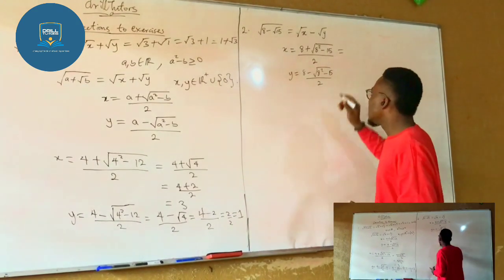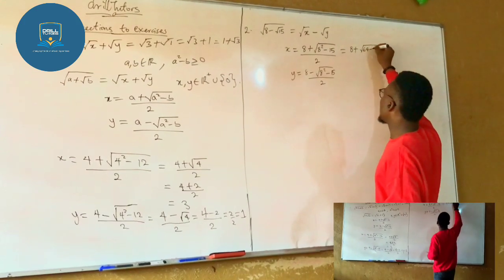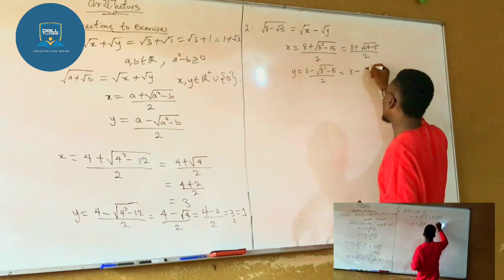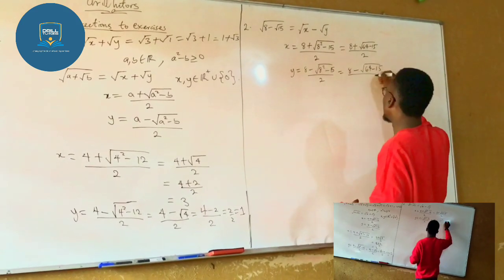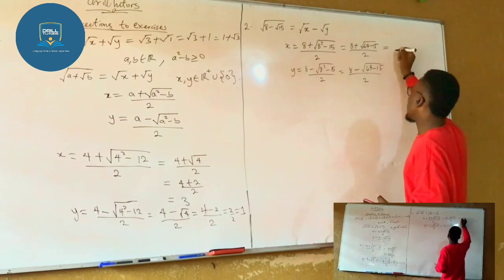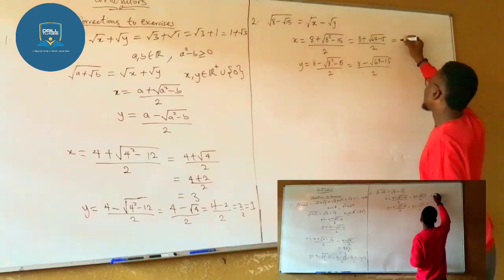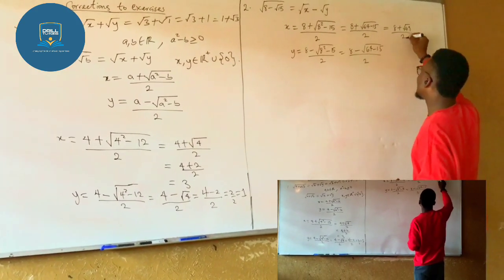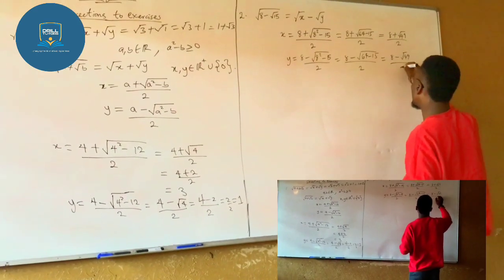This is simply 8 plus the square root of 64 minus 15 over 2, and this is 8 minus the square root of 64 minus 15 over 2. And that is the same thing as 8 plus the square root of 49 over 2, and this is 8 minus the square root of 49 over 2.